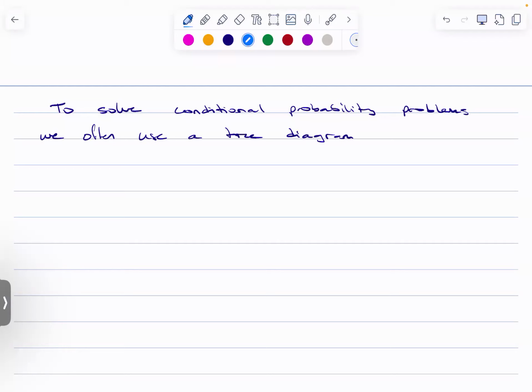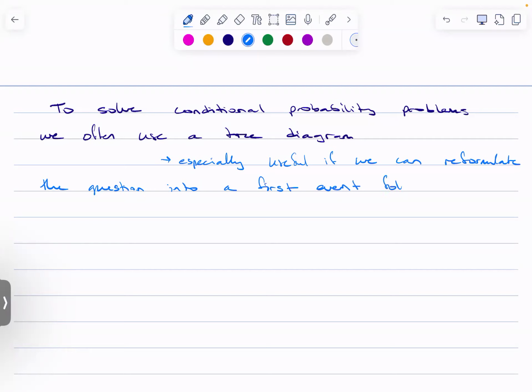So especially useful if we can reformulate the question into a first event followed by a second event.